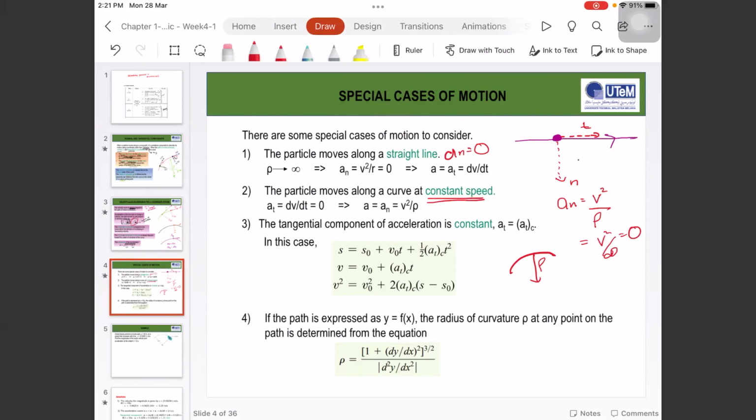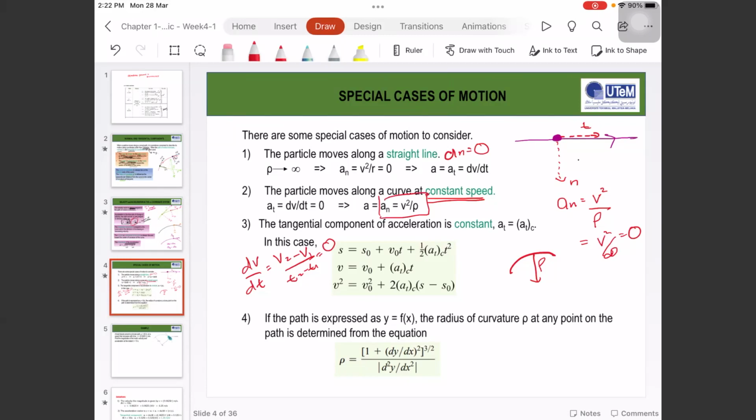Why? dv over dt is v2 minus v1 over delta t. So if the speed is constant, v2 is equal to v1, so this becomes 0. So you are left with A N, v squared over rho.